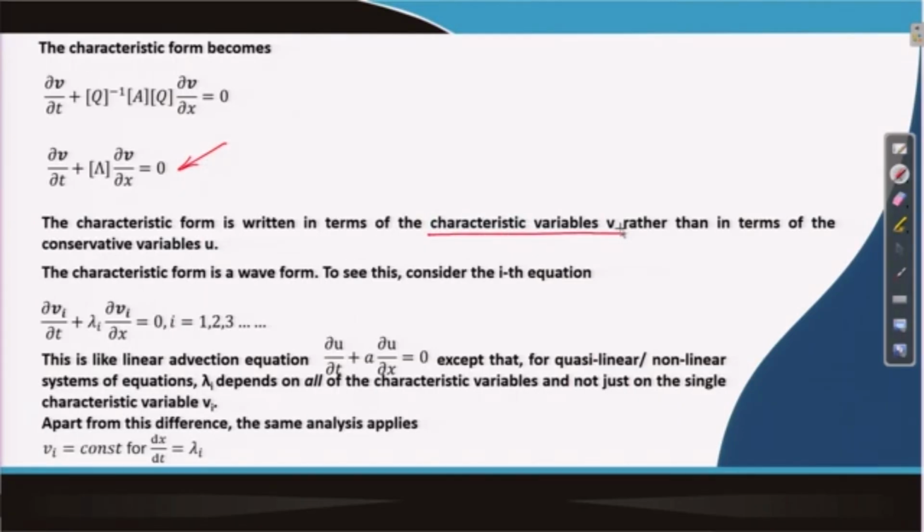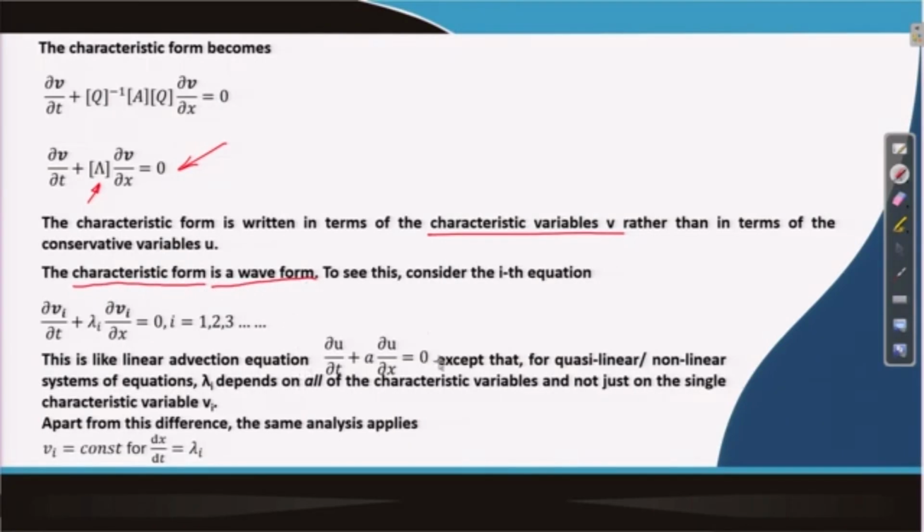And the interesting part is that we now have a coefficient matrix here which is diagonal. So, this gives a wave form to the system of equations.